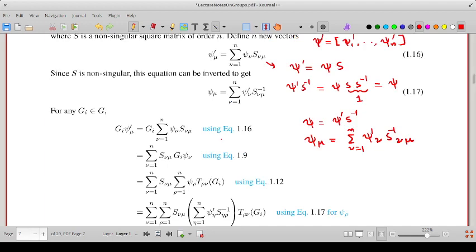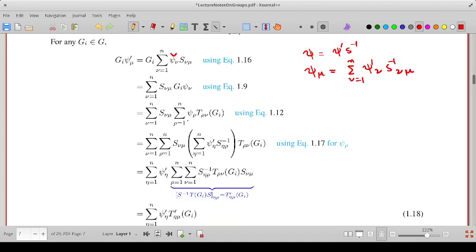Now consider the action of a group element Gi on psi dash mu and the vectors defined by this equation. So that will be equal to Gi acting on the linear combination sum over nu psi nu S nu mu. But the group action is linear, and therefore this goes inside and acts on psi nu, and this coefficient goes to the left. So we will have sum over nu running from 1 to n S nu mu, then the action of Gi on psi nu.